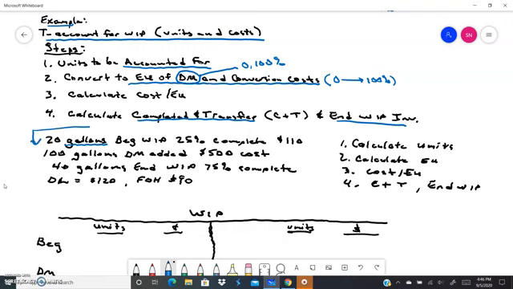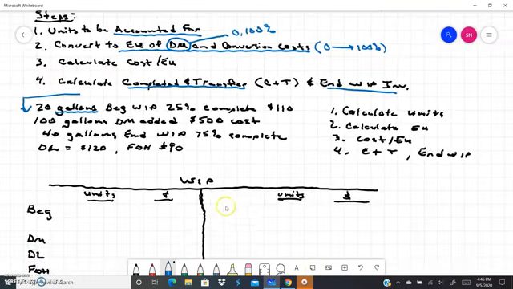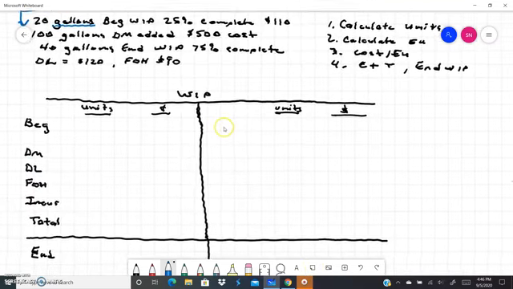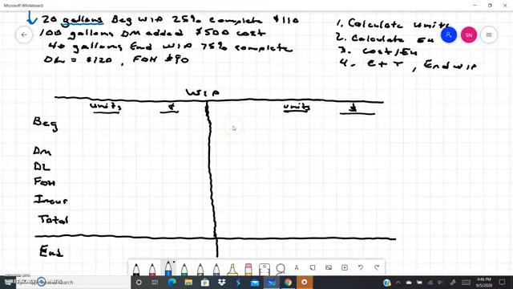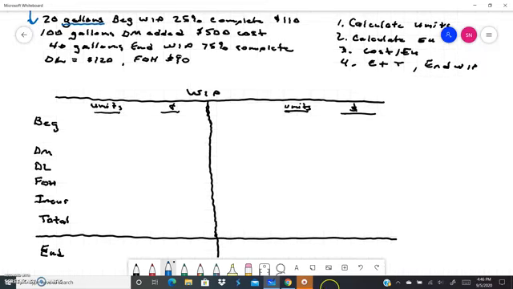We've got 20 gallons in beginning inventory, 25% complete, $110. And actually before we do that, I just want to show you what I've done. I've set up a very large T account for work in process, and you can see units here and dollars.